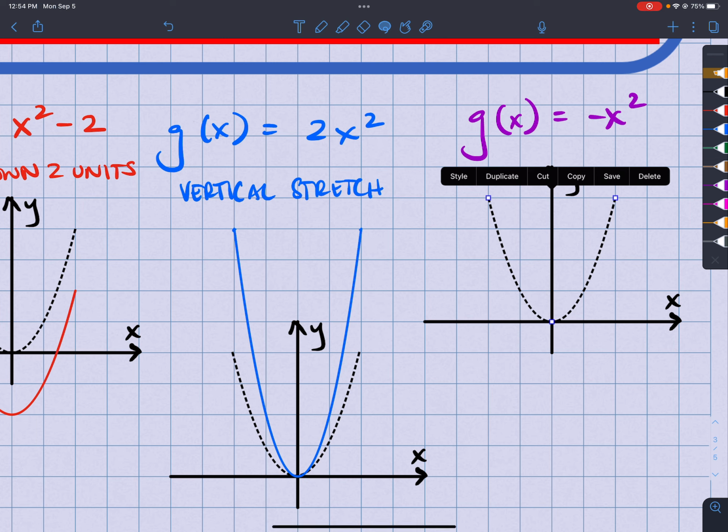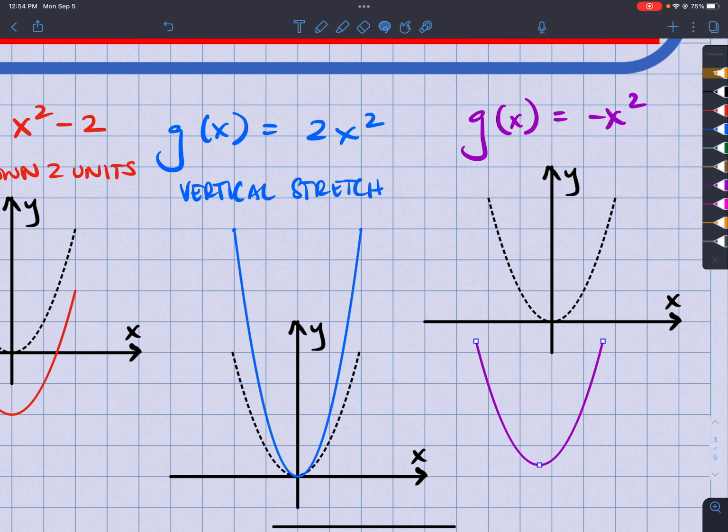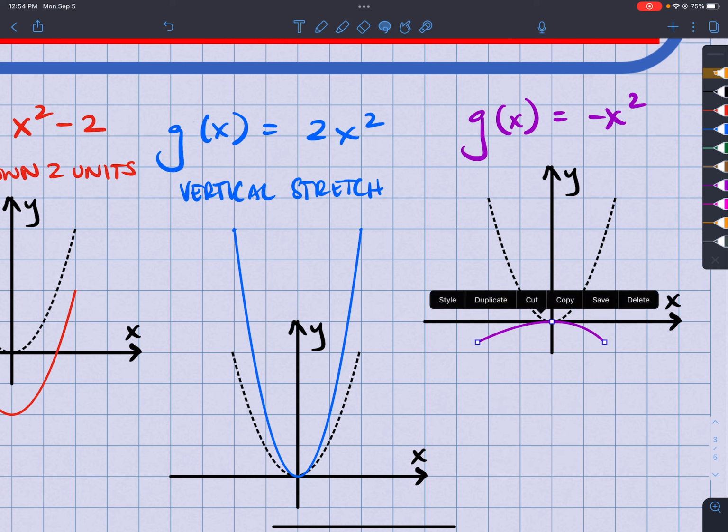So that reflection, purple, solid, is now going to look something like this. Now it's going to look something like that.